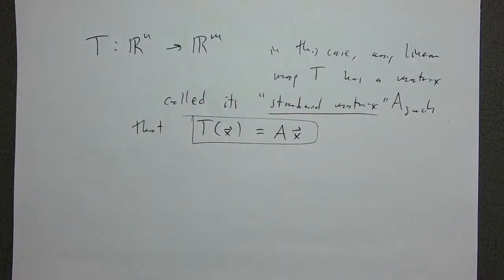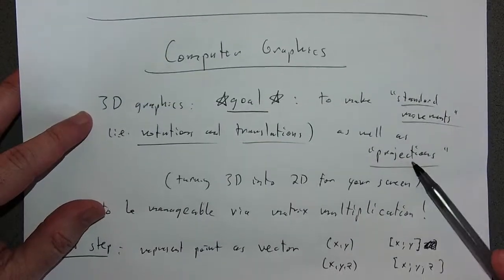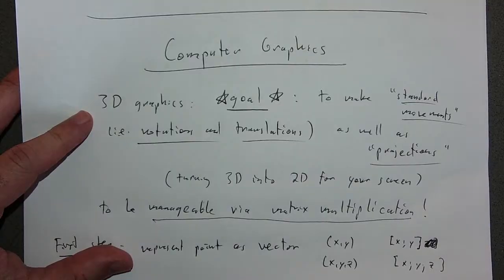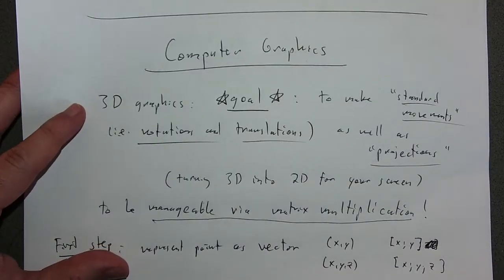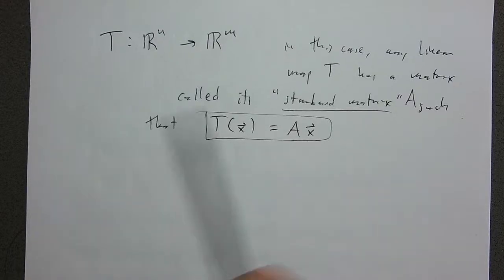Now that's great because, going back to what our goal was, to make standard movements and projections manageable via matrix multiplication, what we've done here is say that if we're dealing with finite dimensional vector spaces, any linear transformation between them is essentially just matrix multiplication.